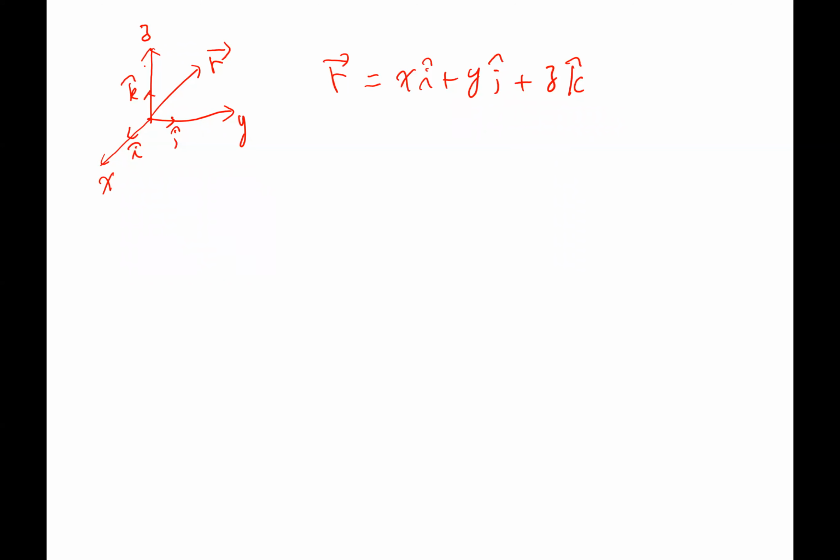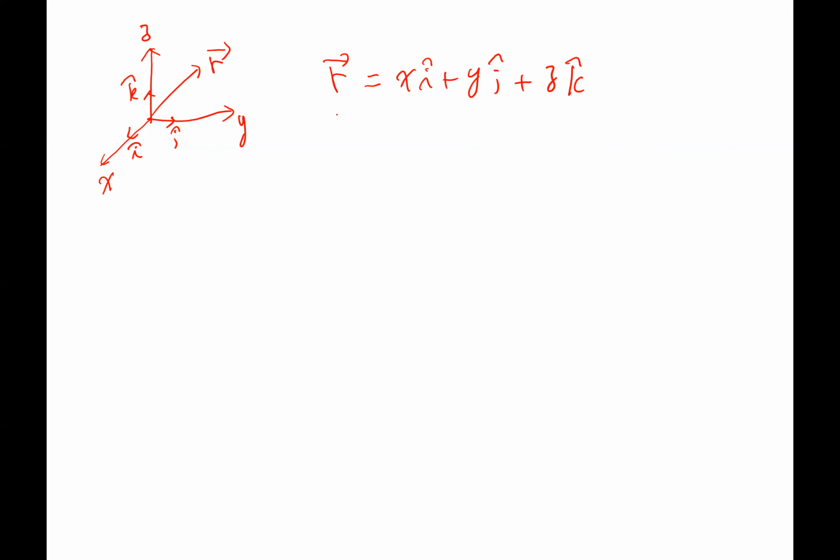So x, y, z are basically the projections of this vector onto the x, y, and z axes, and you put these three together.